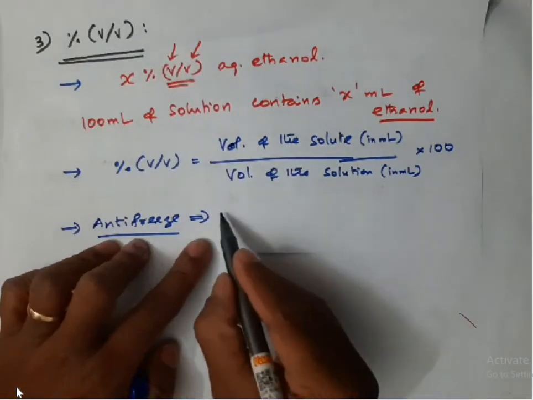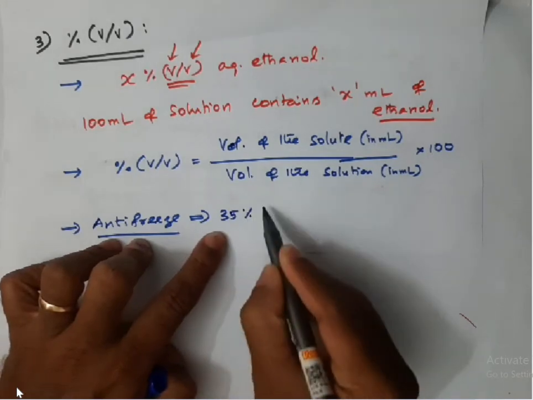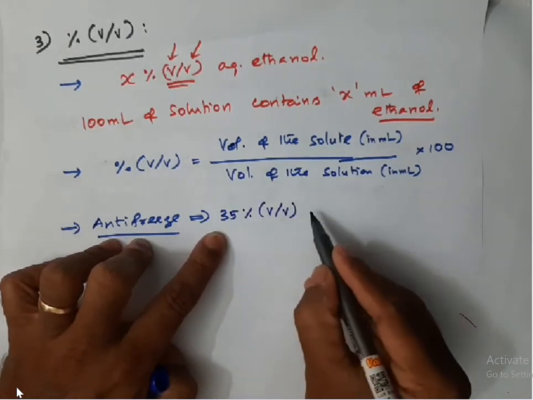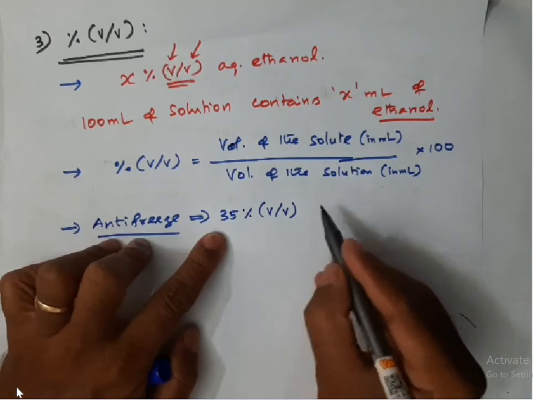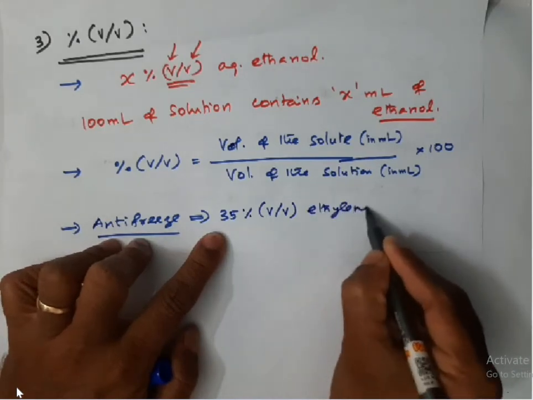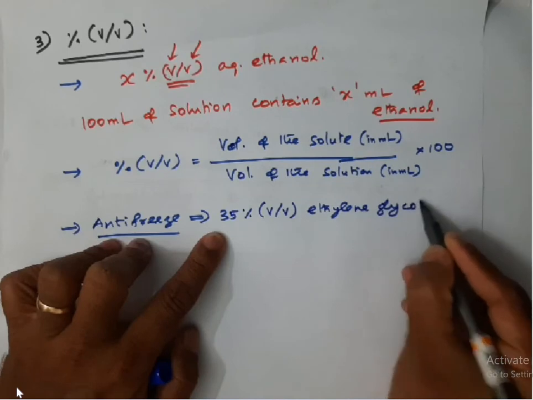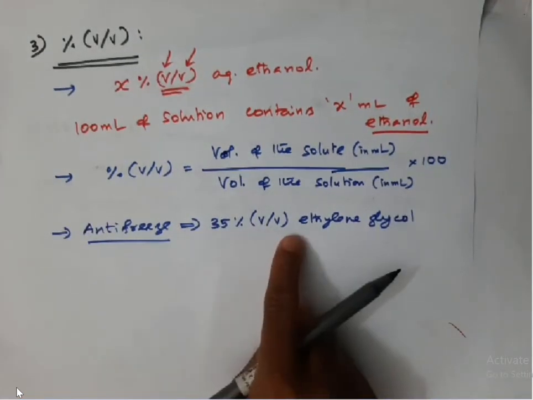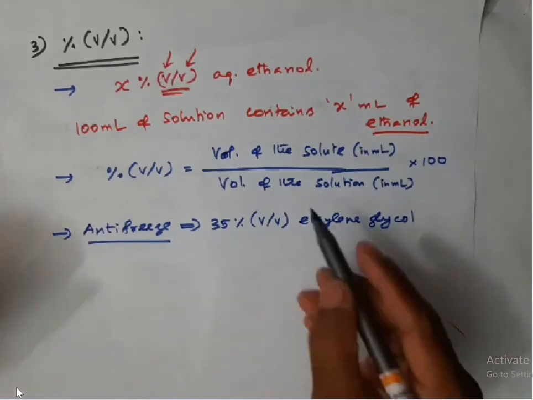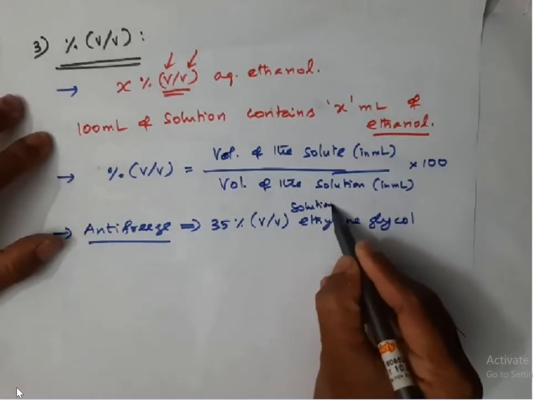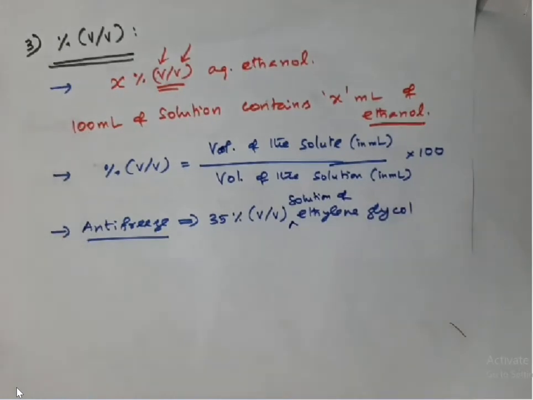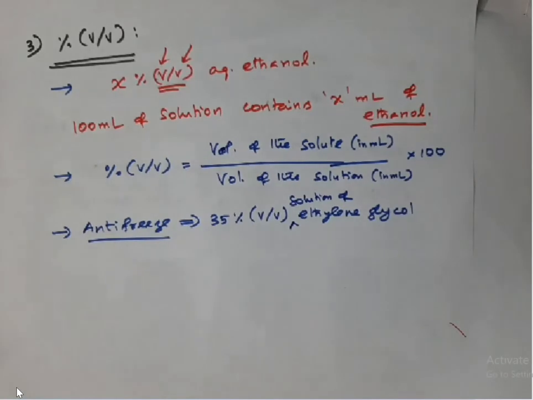Say for example, if I give 35 percentage volume by volume solution of ethylene glycol, an aqueous solution of ethylene glycol, it is used as an antifreeze in car battery or heavy vehicle batteries.